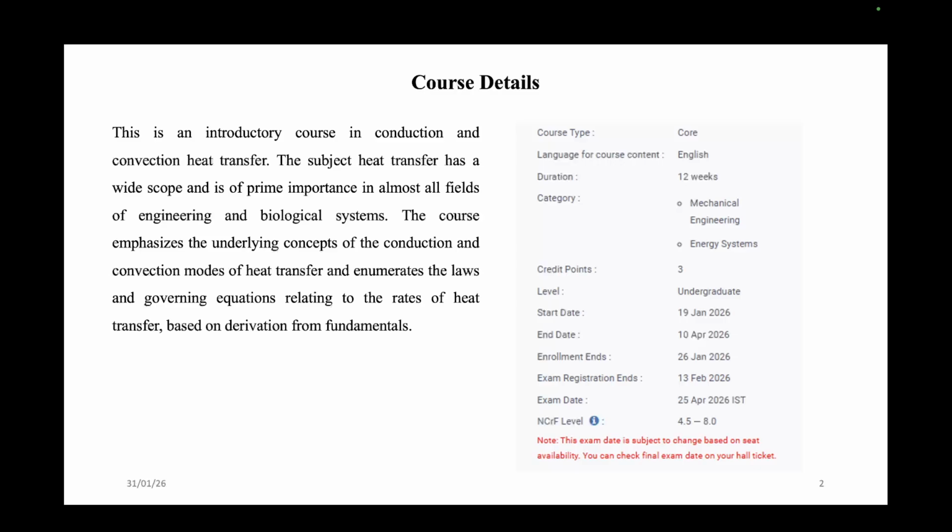If some of you haven't, please enroll, because that will definitely help you test the concepts you have learned in this course. The 13th February is the last date to register for the exam, so I encourage you all to register.